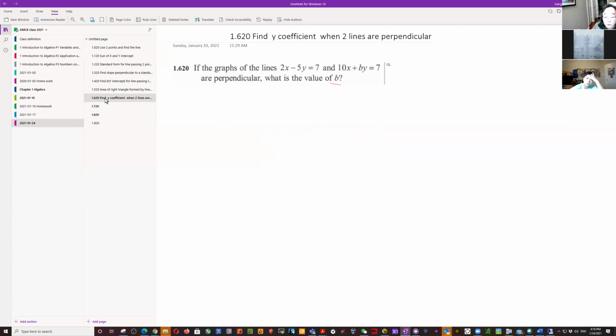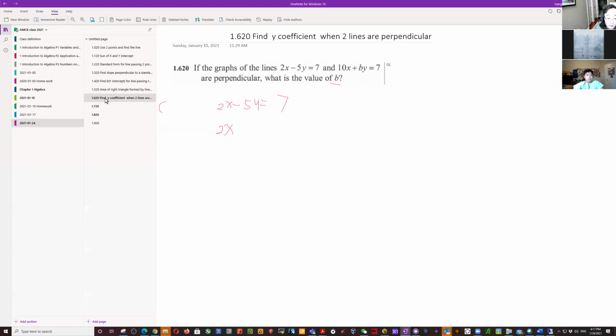So we're going to calculate the slope of both equations, and to calculate slope, we solve for y. The first one is 2x minus 5y equals 7. We solve for y. We're going to move the 5y to the other side, and 2x.